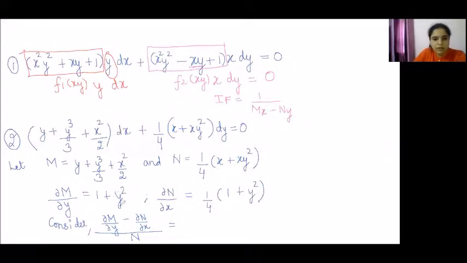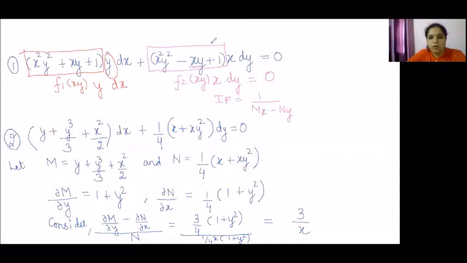The difference will be, this is del m by del y, this is del n by del x. The difference will be 3 by 4, 1 plus y square, divided by n. N is 1 by 4 x 1 plus y square. What will we get? We will get 3 by x.